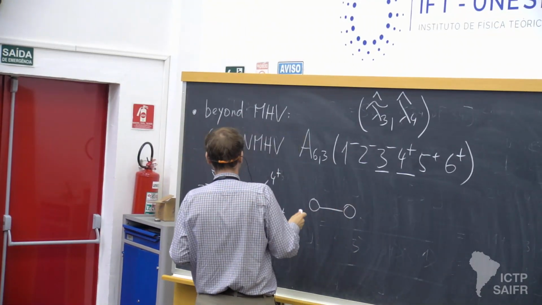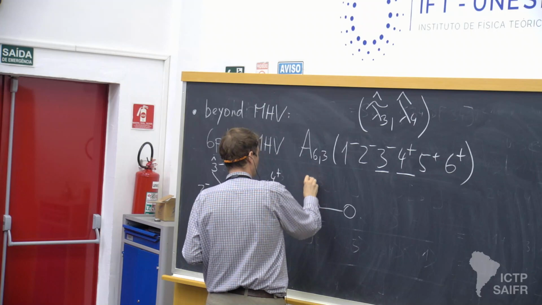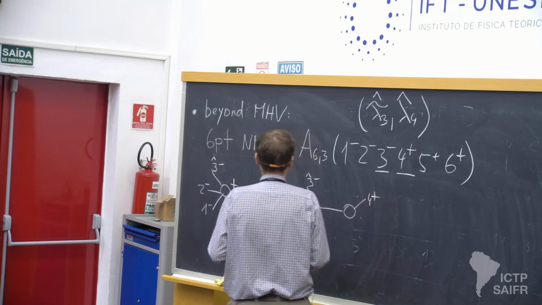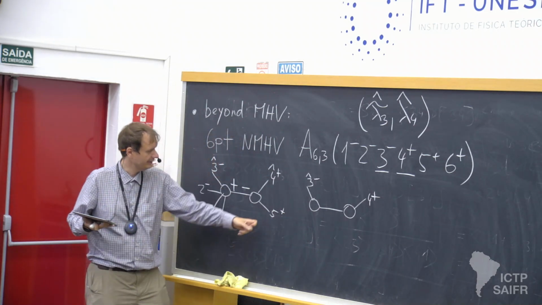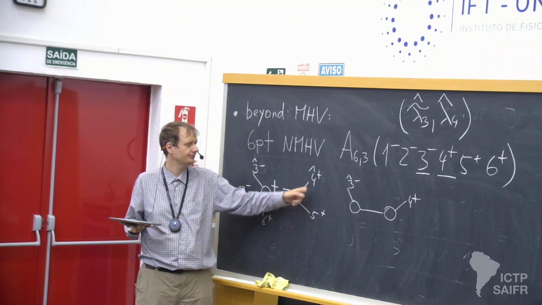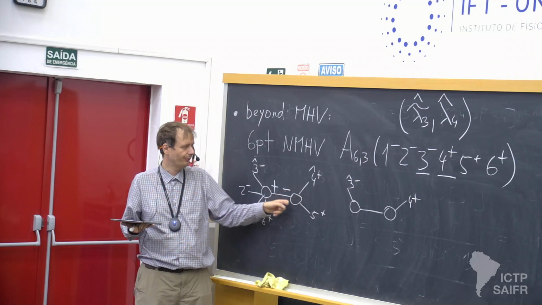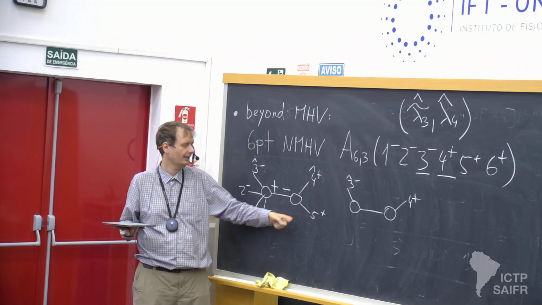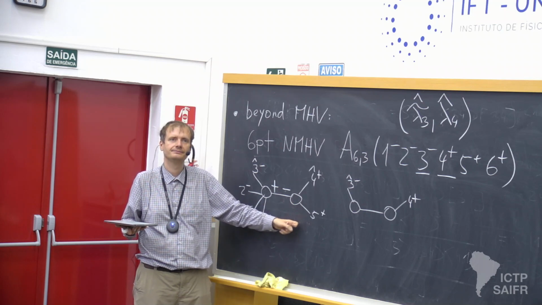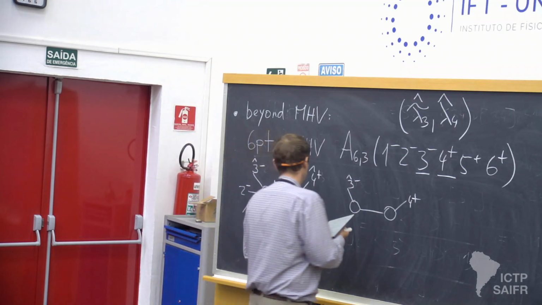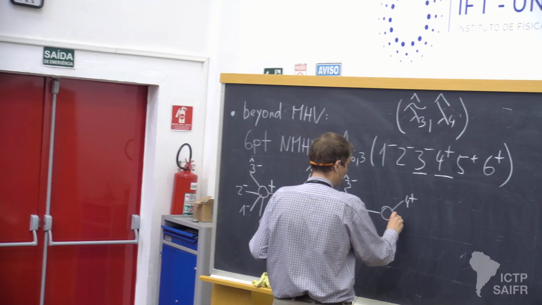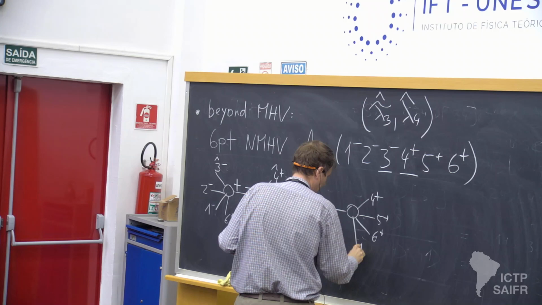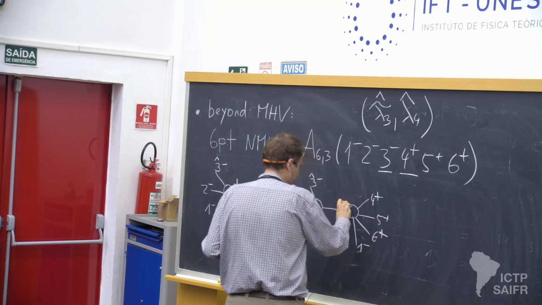But as we know, we cannot put 6 plus here on that side. Once we put 6 plus here, it's a 4-point amplitude with 1 minus, and that one is 0. Same argument as before. So we cannot put 6 plus here. But we can put 6 plus and 1 minus to add 1 more minus to this side and choose minus here.